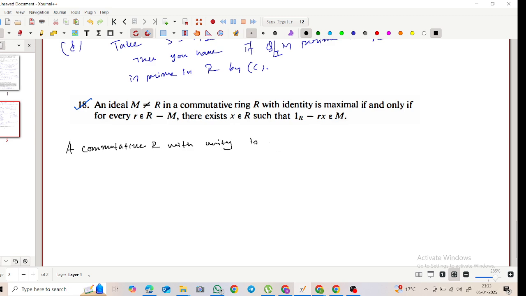is simple if and only if R is a field. Okay, I have done this. So it is a field if and only if R is simple. Simple means R has no proper ideal.